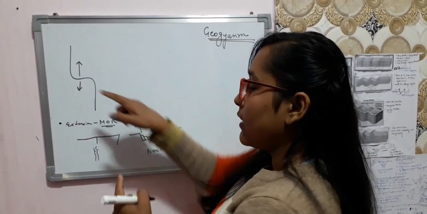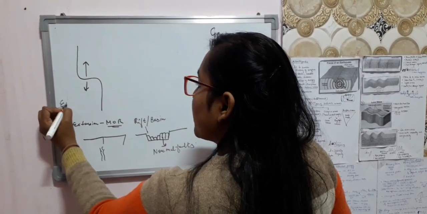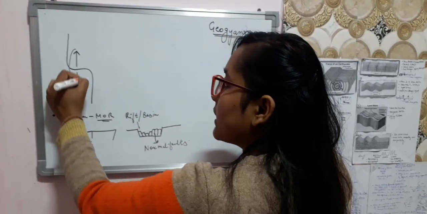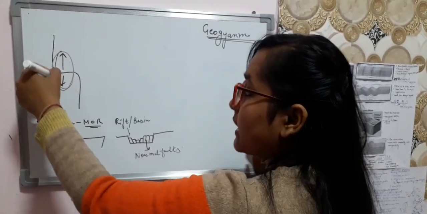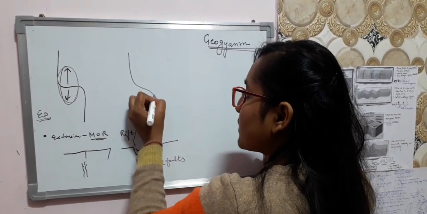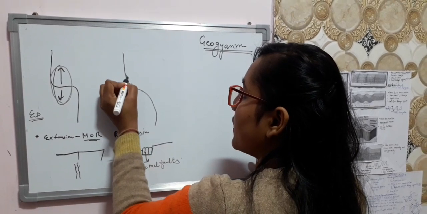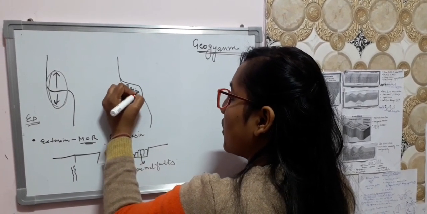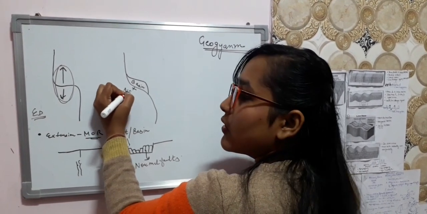In a similar way, in the extensional duplex, what will happen? As the extension is going on in that area, in the bending area, what will eventually happen? It will result in the formation of a basin in that area along with normal faults.